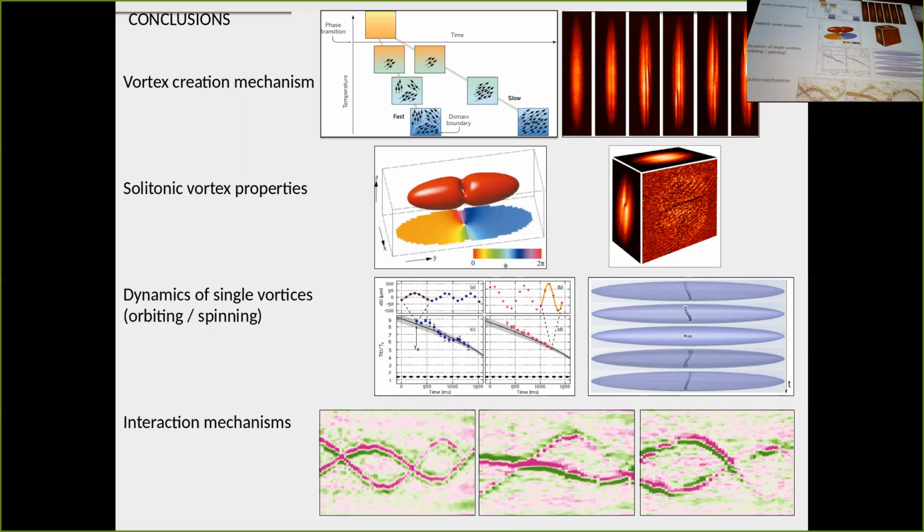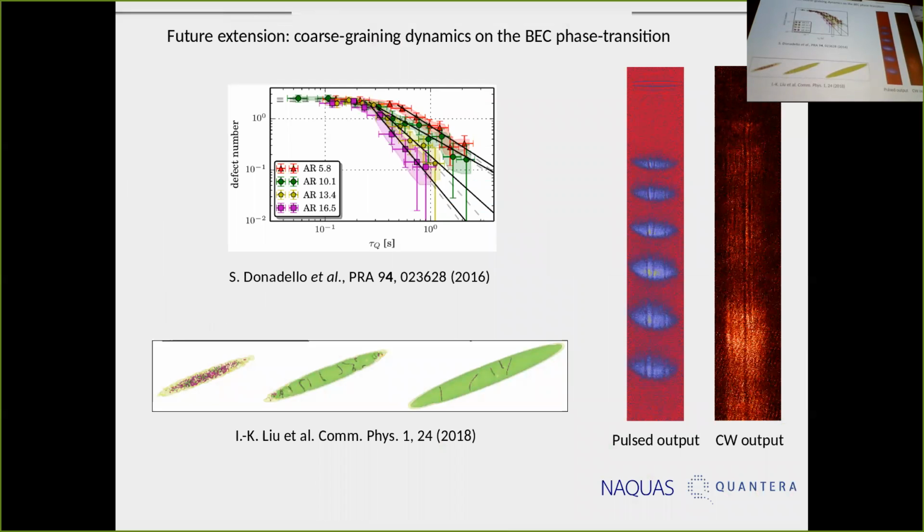What we are focusing on now relates to a problem that is somehow left in the drawer, and relates to the fact that when we do our Kibble-Zurek generation of vortices, we notice that at fast quenches, we have a kind of saturation in the number of vortices, which relates probably to the fact that we have a strong and fast coarsening dynamics that is somehow hidden in the early time of the history of our condensate.